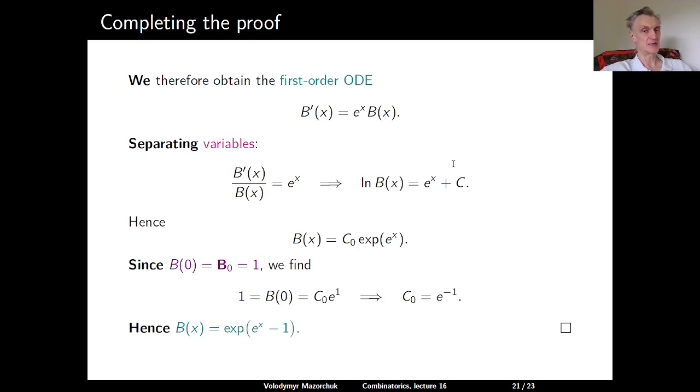So B(x) is equal to some constant c_0 times the exponent of e^x. Since B(0) = B_0 is 1, we find that our constant should be e to the minus 1. And this implies that B(x) is equal to the exponent of e^x minus 1.